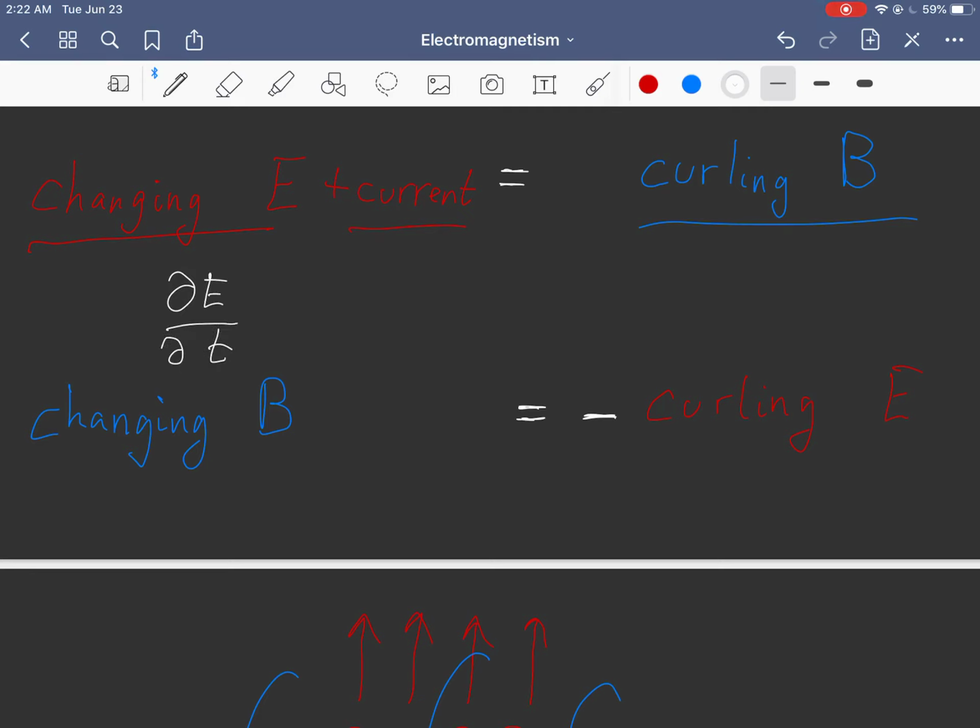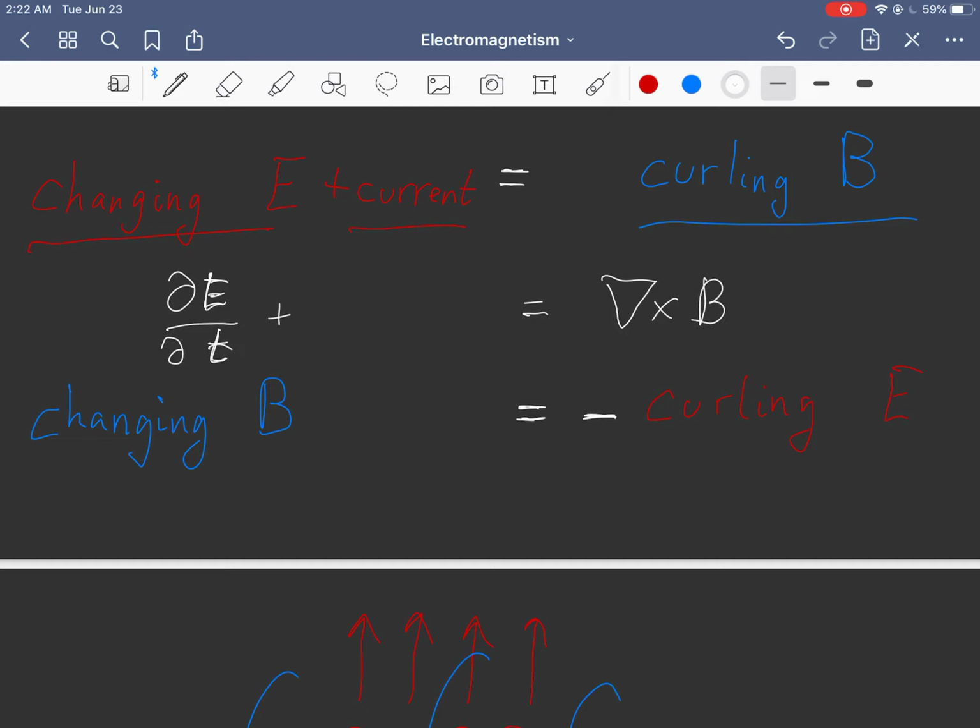So these strange looking D letters just mean the derivative of the electric field over time creates curling magnetic fields, and we represent that as an upside down triangle and X, causes a curling magnetic field.